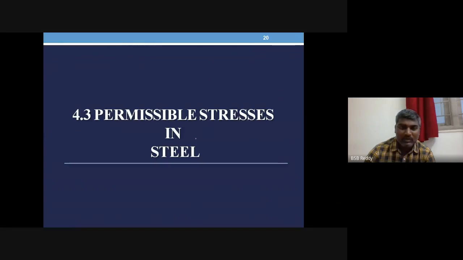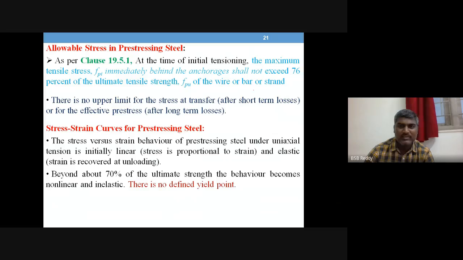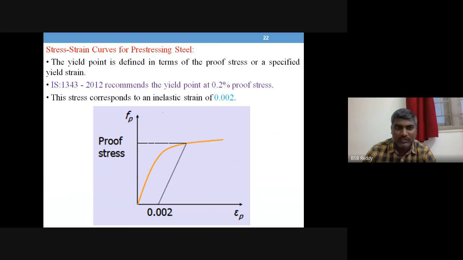And then permissible stresses in steel: the earlier code says 80%, and the latest code says 76% is to be limited, the value of the pre-stress that you induce in the wire. So that is a change in the IS code recommendation.